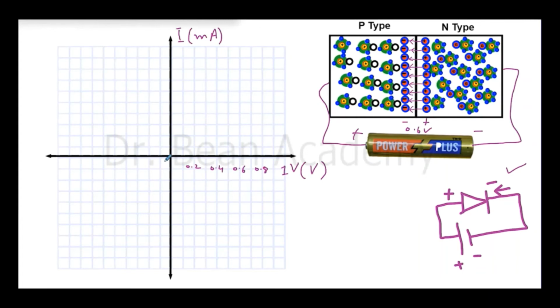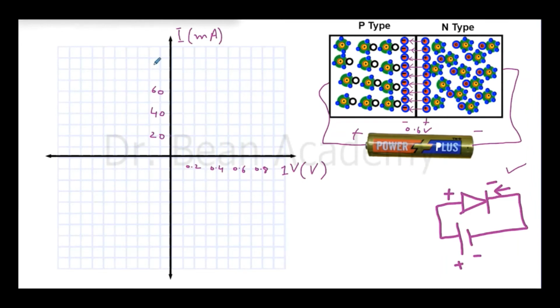For the vertical axis, I will write the values as, if I choose this one to be 20 milliamps, so I will write 20 for the first one, and then 40 milliamps, and then 60 milliamps, and so on.